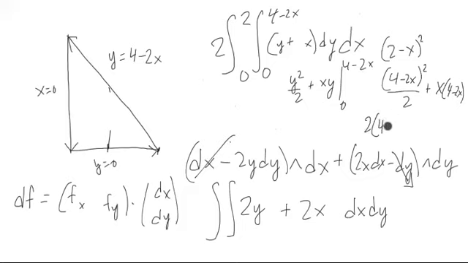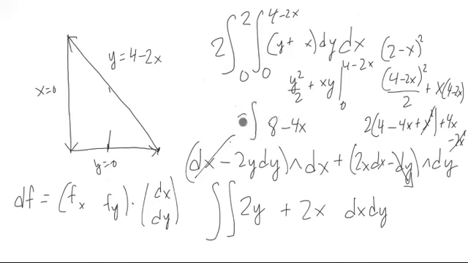It'd be 4 minus 4x plus x squared, and then plus 4x minus 2x squared right there. Notice that that'll cancel with that after we distribute. And so then we're left with 8 minus, so 8 minus 4x. Since we get negative 8x plus 4x, that gives negative 4x here. So this is what we're integrating.